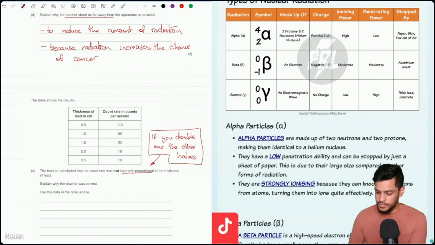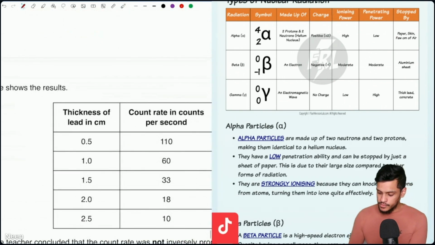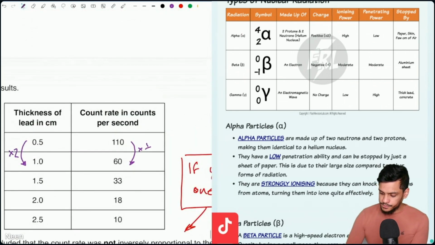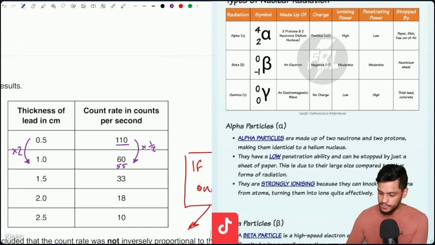You can use some of these numbers. Let's use some that double. We've got 0.5 going to 1 here. That's doubling, so from here to here it should halve, because that's what inversely proportional means. Does it halve? No, because half of 110 should be 55.